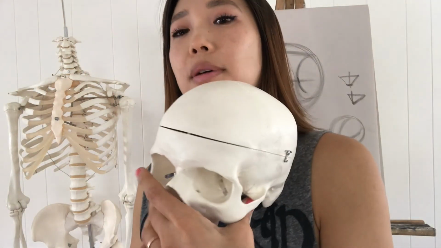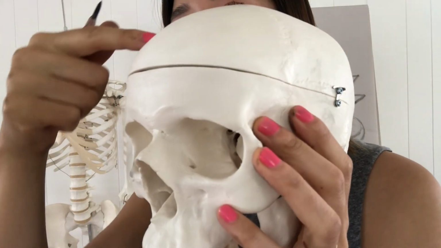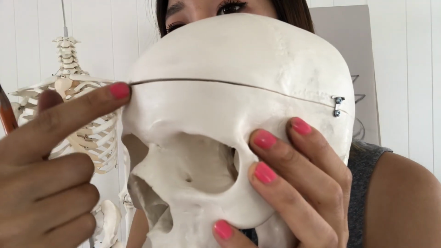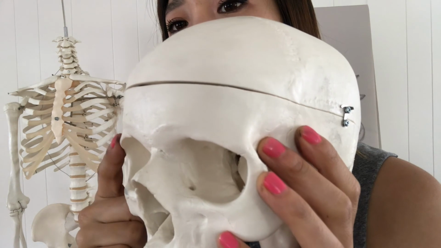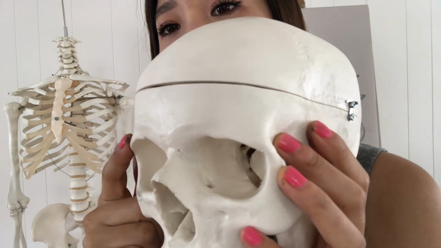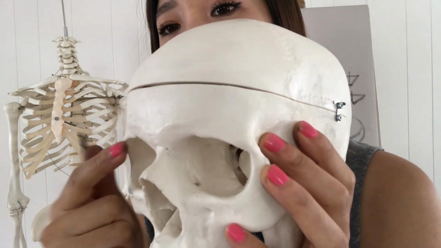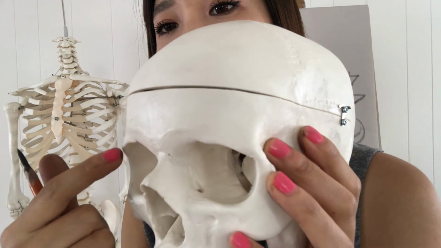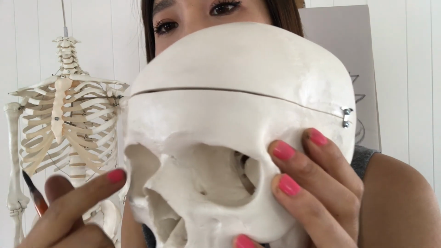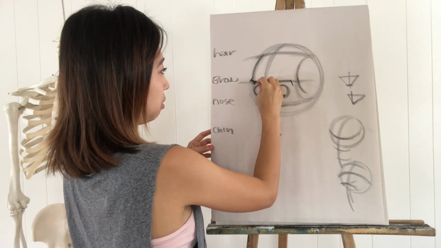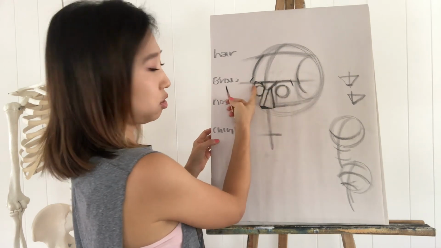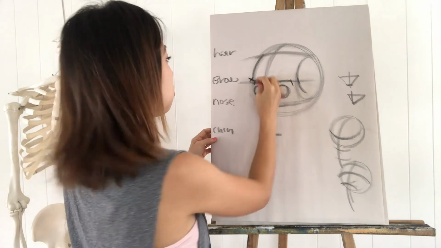So the forehead starts here and this bump right here. So this is the brow ridge bump that you want to do. And we have the eye socket and the ball is going to be sitting right underneath it over here. Okay, so now I'm going to make this stick out and bring it down to the end of the eyebrow.